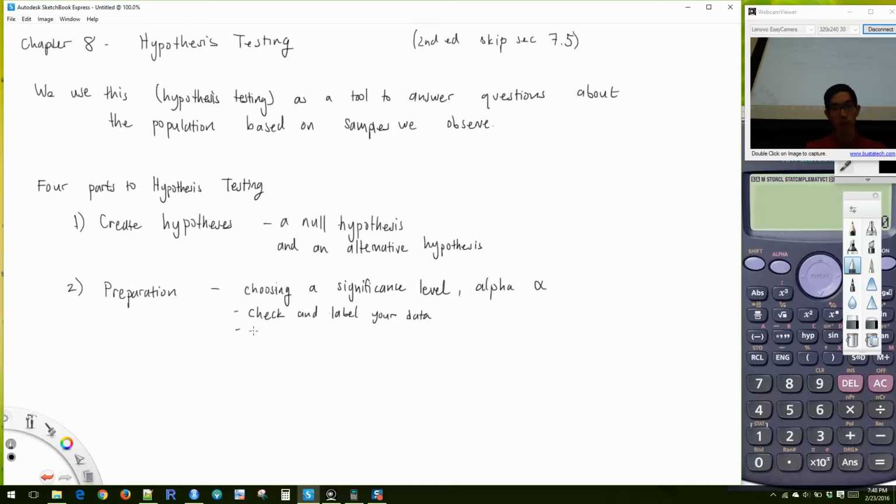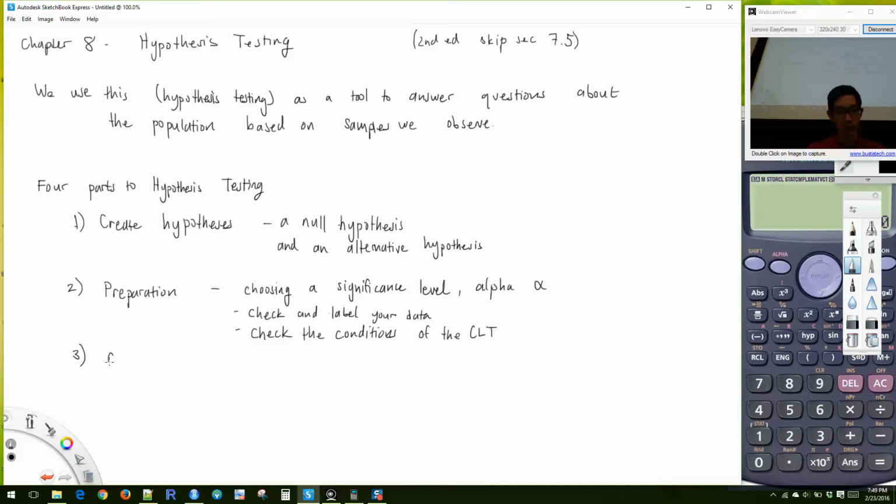We're also supposed to check the conditions of the central limit theorem. All of these things we're going to explain in detail.